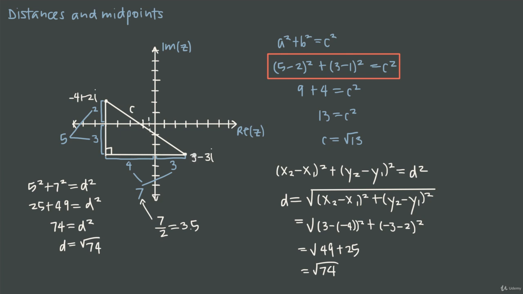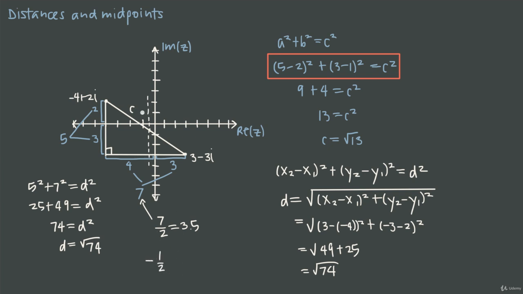Or we could start at this point 3 and count over 3.5 units, and we'd end up at 1, 2, 3.5, the same spot. So 3.5 units from the horizontal distance or along the real axis is going to be right about here. And we know that that's at negative 1/2. So the real part of the midpoint is going to be negative 1/2.